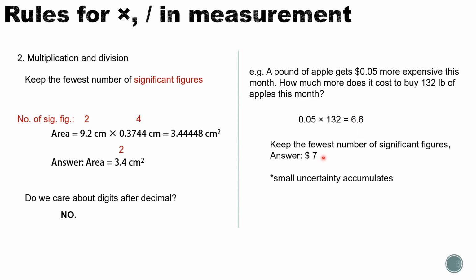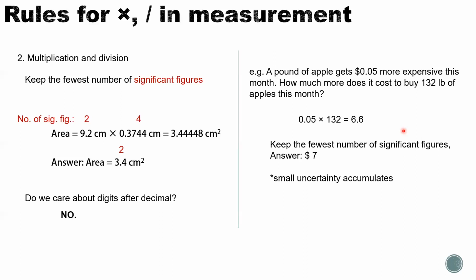So in this case, we don't keep 3 because the small uncertainty from 0.05, one significant figure, accumulates. So we don't keep more significant figures in this case. Okay, so please remember different rules for subtraction, addition, multiplication, and division.